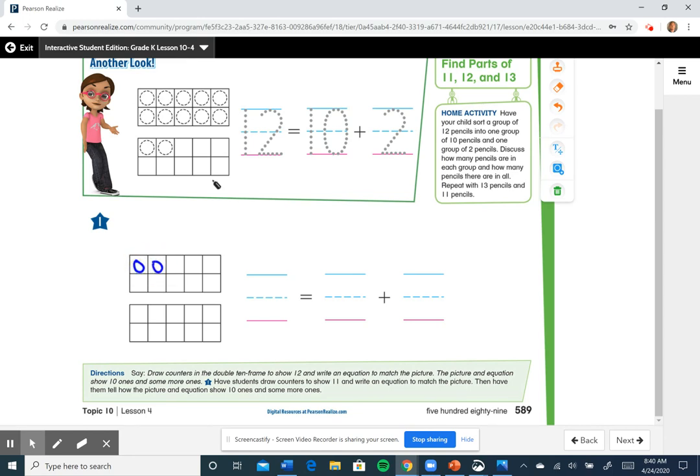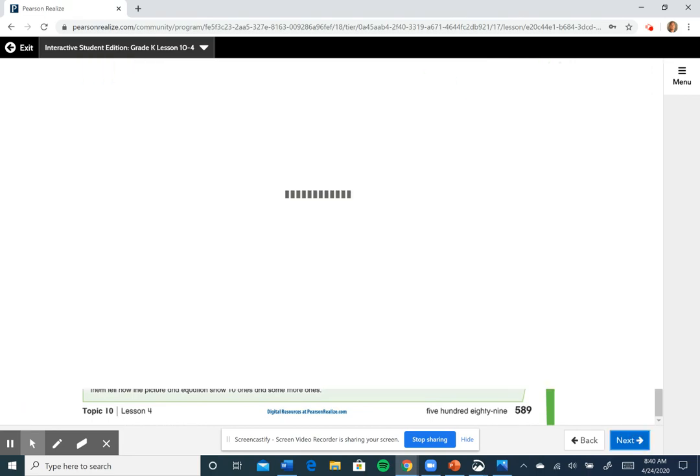So just like before, we have our 10 and some ones, and we're trying to get to 11. So we have 10, and I'm just going to keep adding counters in here till we get to 11. Oh, that's all we have to do. 10 plus 1. Look at that.